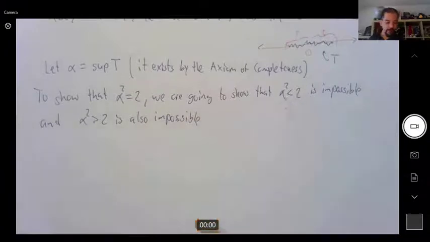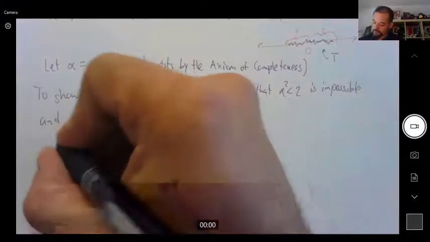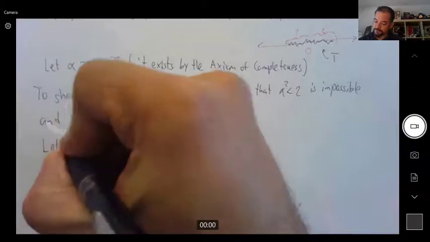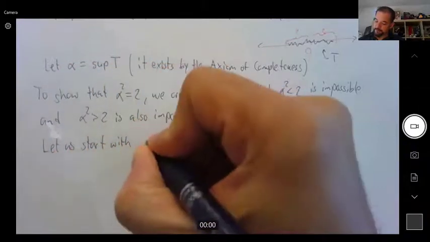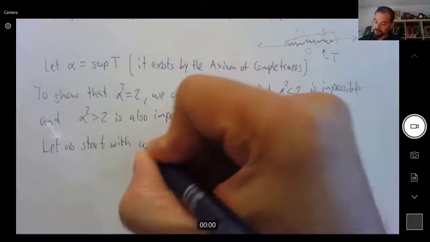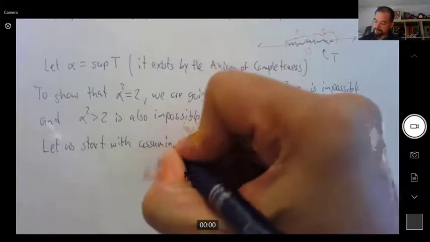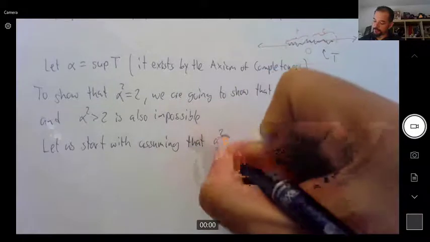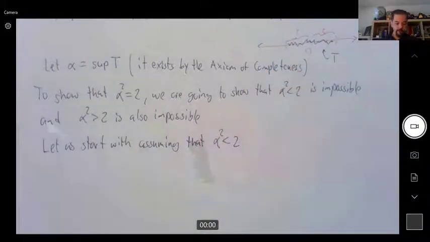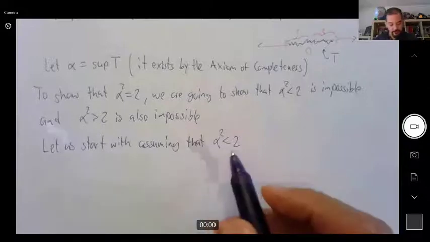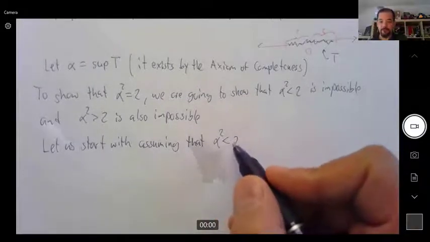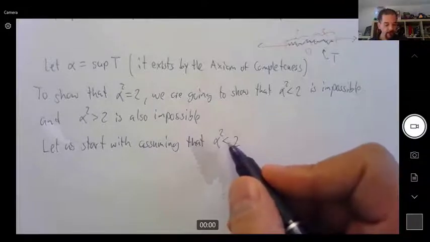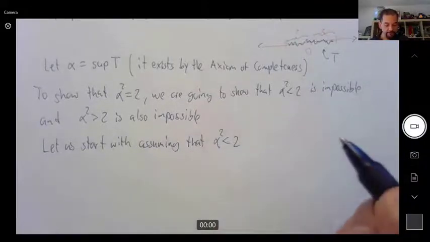Let's show that one cannot happen. So let us start by assuming that alpha squared is less than 2. If alpha squared is less than 2, what we're going to do is show that alpha is not the least upper bound. I'm going to find a better upper bound.